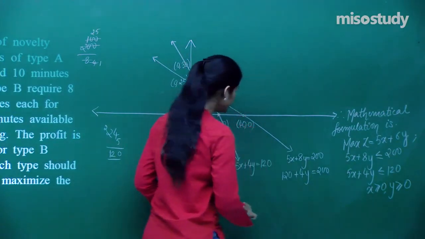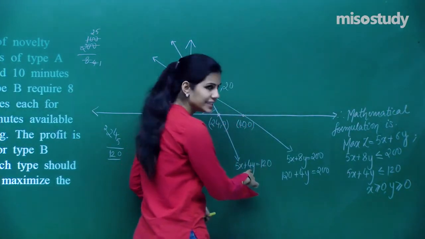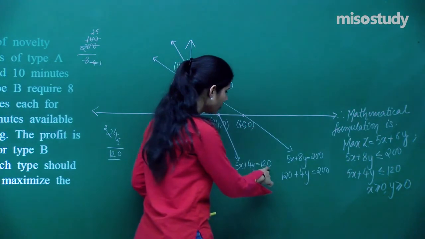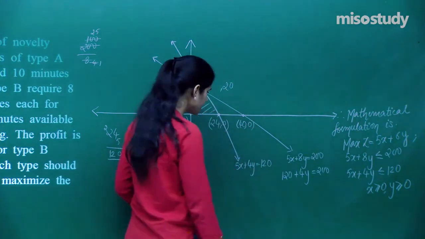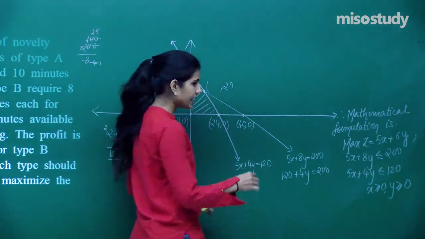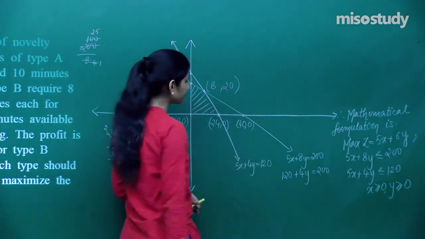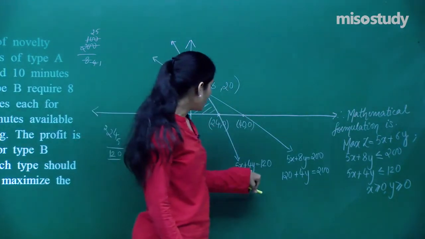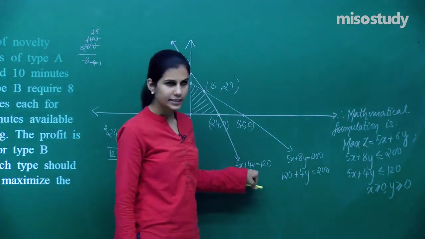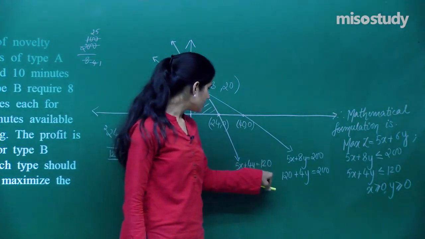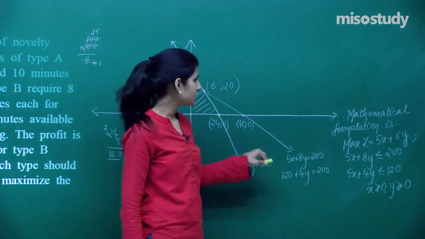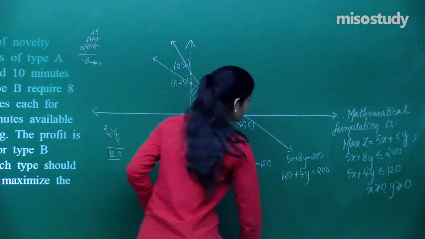If y is 20, 20 into 4 is 80, 120 minus 80 is 40, and 5 into 8 is 40, so x is 8. These are my corner points.